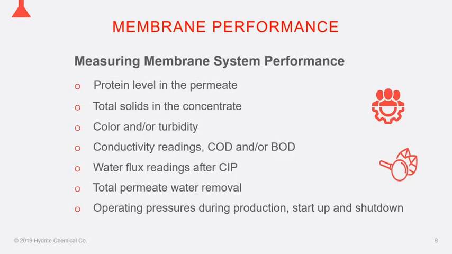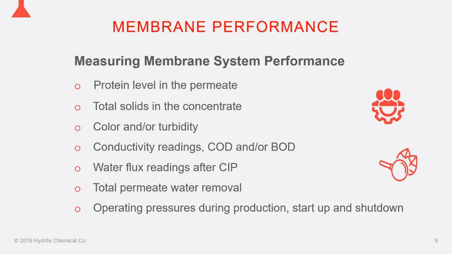Performance, again, something that at the plant level, you may not necessarily be aware or be involved in all of this, but I'm sure when this starts to go awry, this is when they start calling you and looking for help. Some of the things that at the plant level they'll be looking for in measuring membrane system performance is really looking at for leakers. They'll look at the level of protein. They'll maybe be looking at color and turbidity.